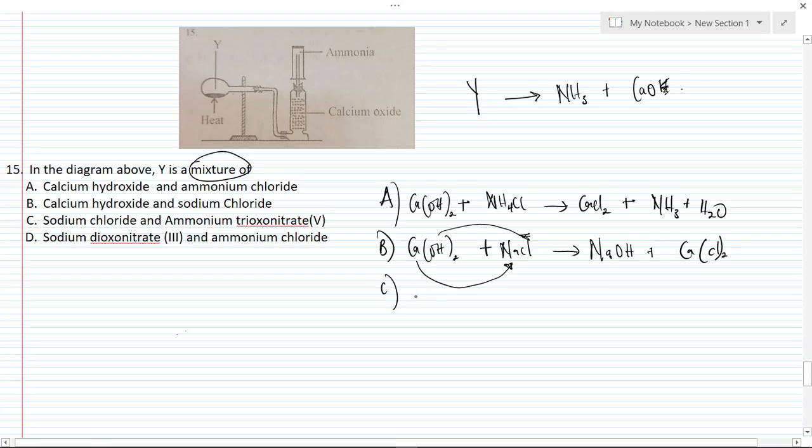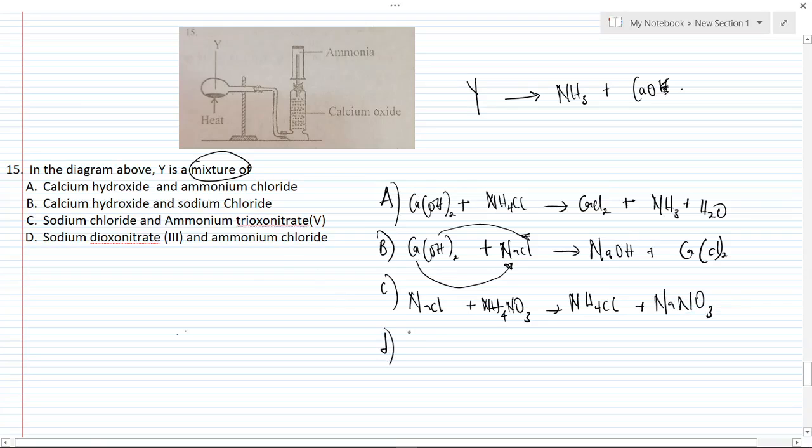Option C, sodium chloride, NaCl, plus ammonium trioxonitrate 5 gives us NH4Cl plus sodium trioxonitrate.